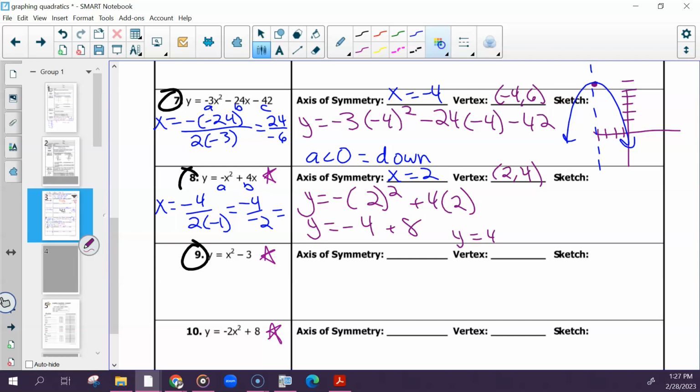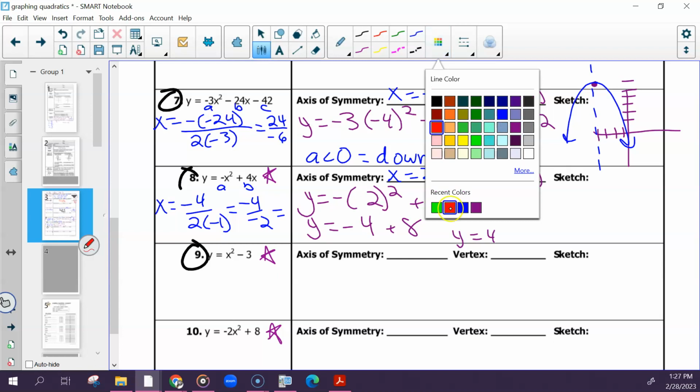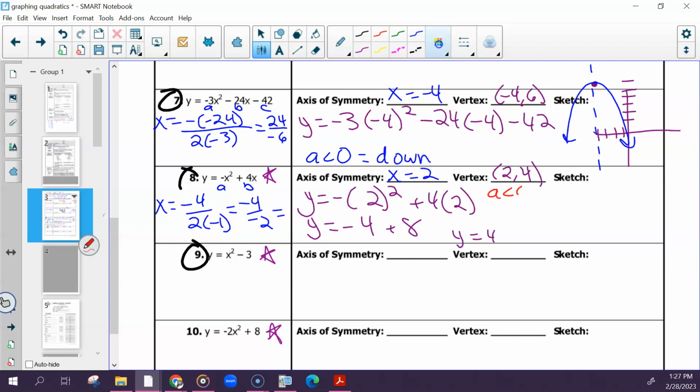Before we do our sketch, would this face up or down? So we face down. So then draw in your sketch.